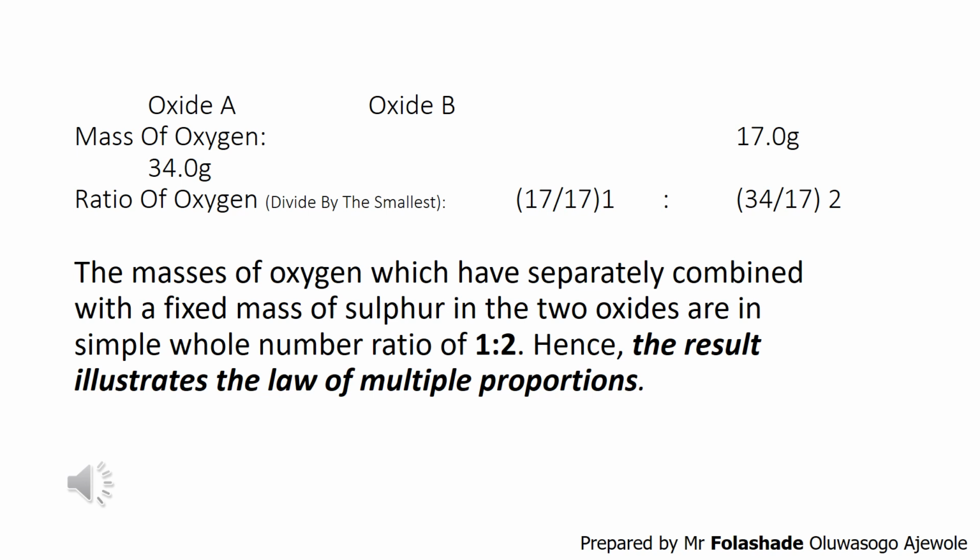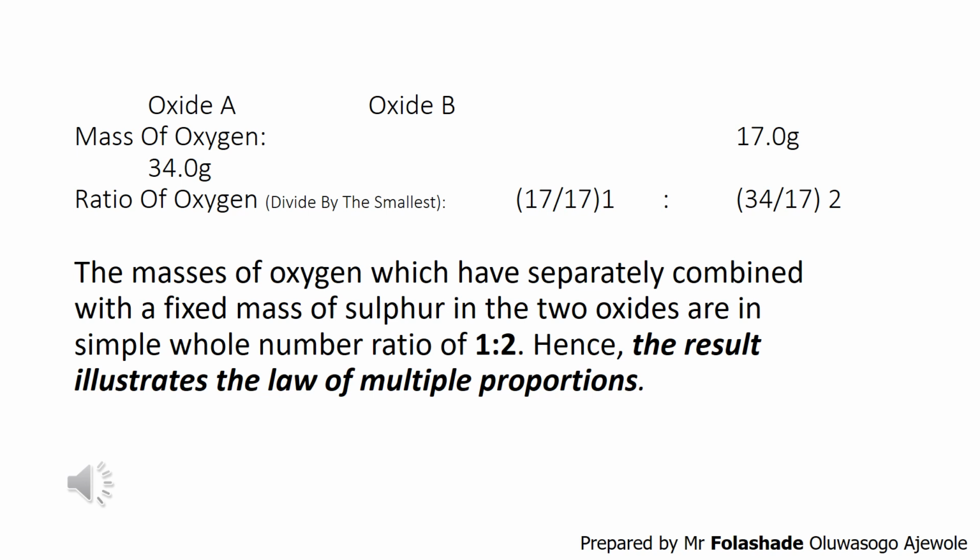These calculations gave us the masses of oxygen in oxide A and oxide B that have combined with a fixed mass of sulfur.